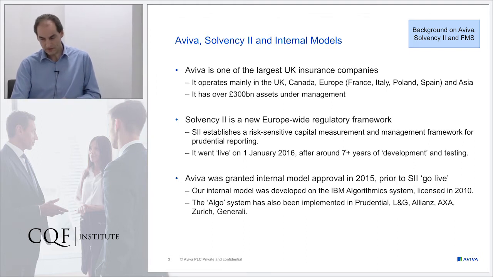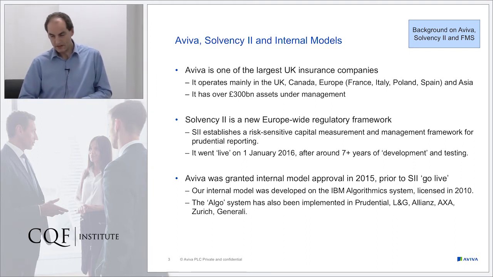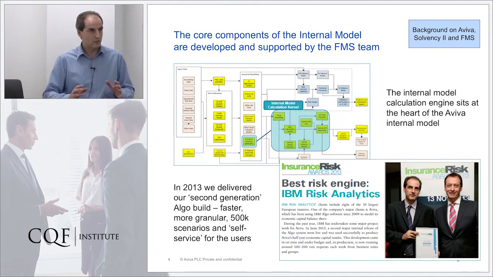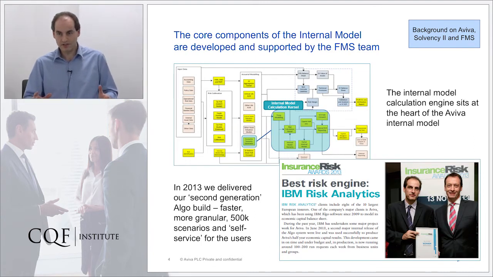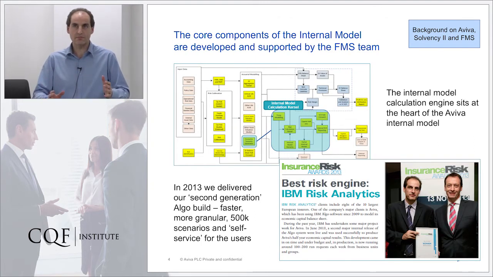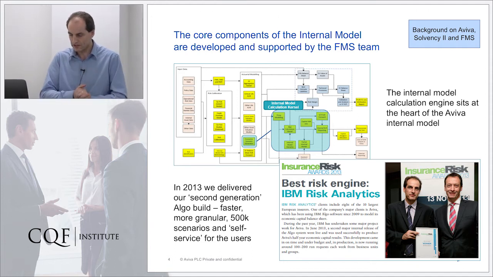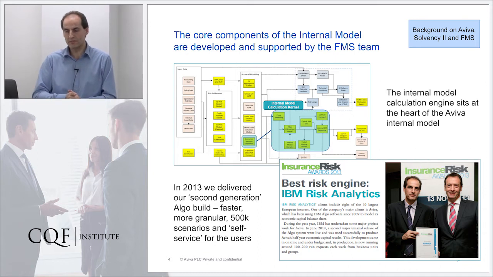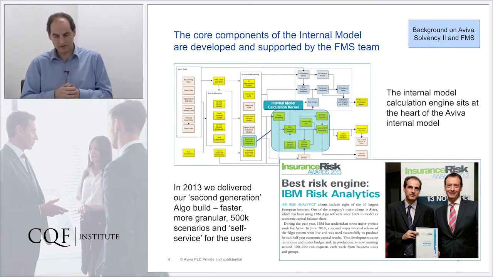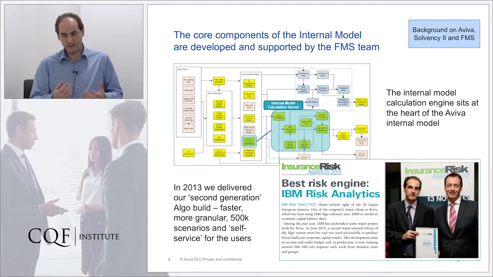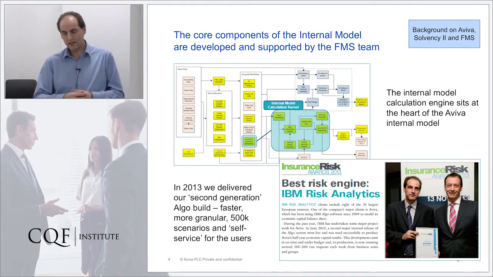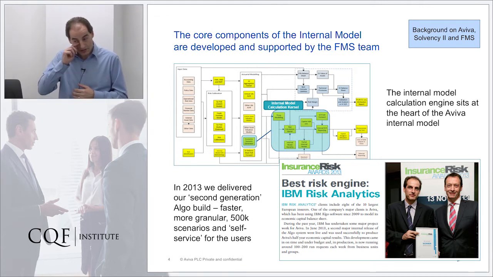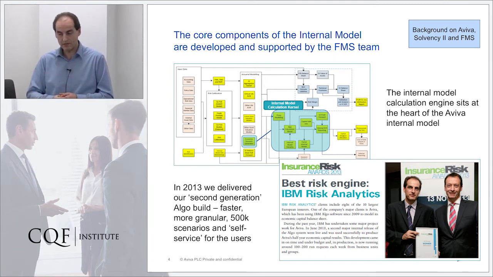So, good pedigree, and of course we integrated it into our internal model solution, and what I'm showing here is a picture. You're not supposed to read all the details, so don't worry about that, but there are all these flows of data that come through the various businesses and are presented up into this global tool, highlighted by the blue box in the middle, where we process that data, simulate different risk scenarios, and generate capital outcomes for our balance sheet.